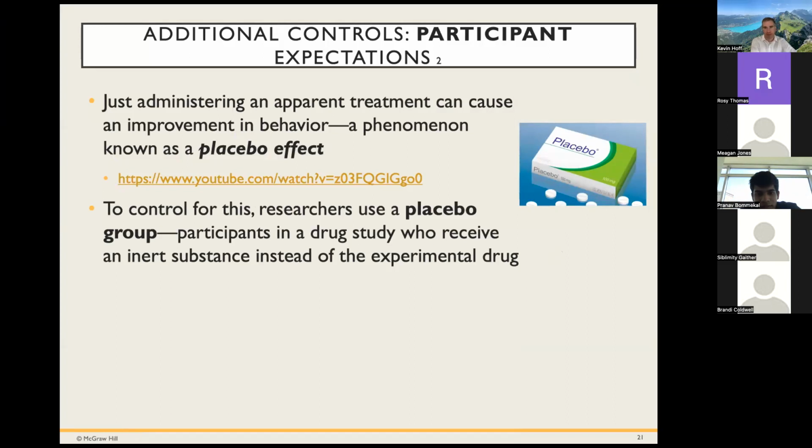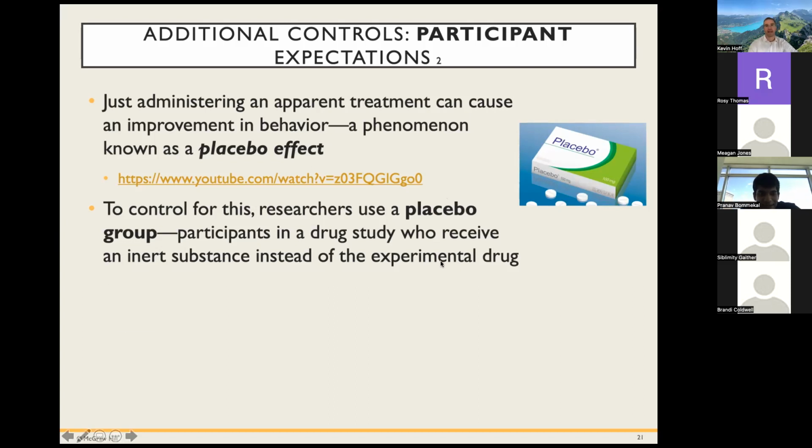So oftentimes, if you're trying to see whether or not a new drug works, it's not enough to have a control group of people who are not taking any drug. Because of this placebo effect, we need a group of people who are taking a hypothetical drug, and it's not a real drug, it's just a sugar pill or something.